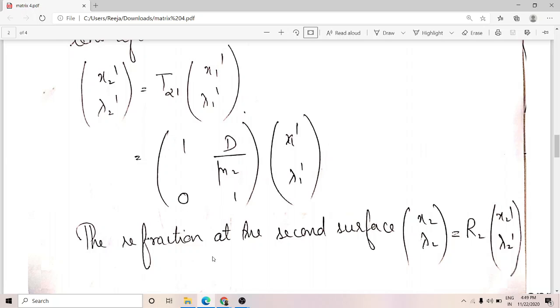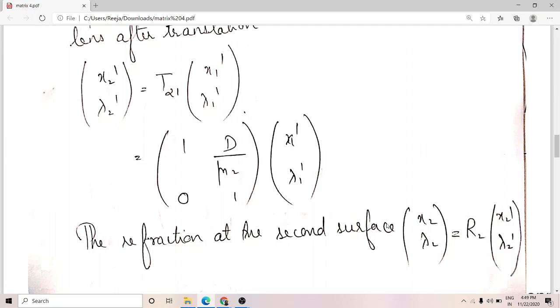Now one more refraction has to take place, that is at the second surface. If x2 lambda 2 is the designation of our final ray after the second refraction, then x2 lambda 2 is equal to R2 into the result obtained after the translation.